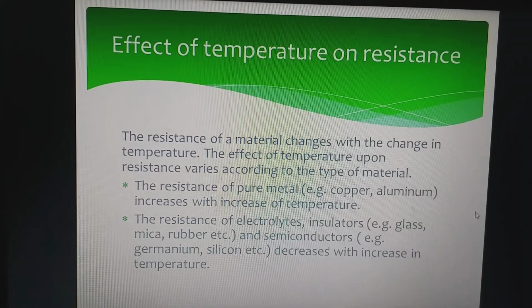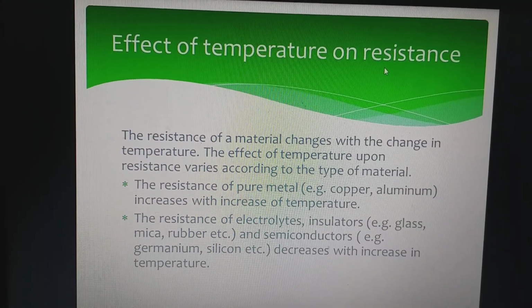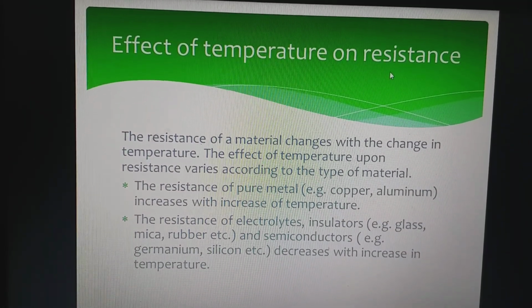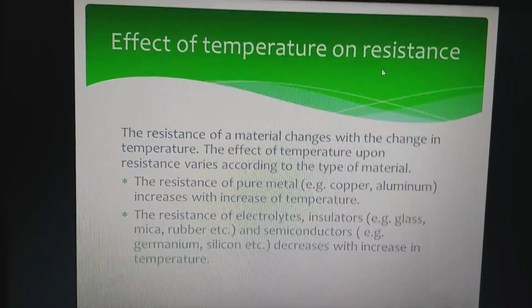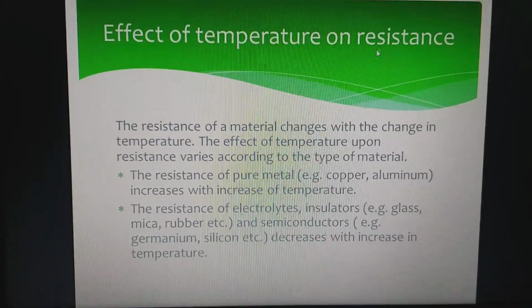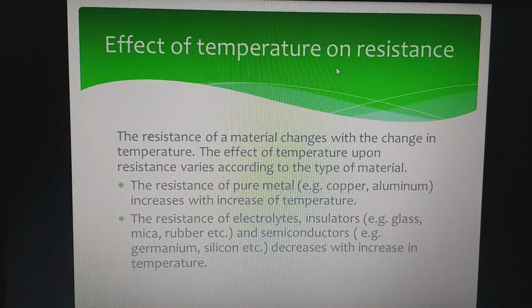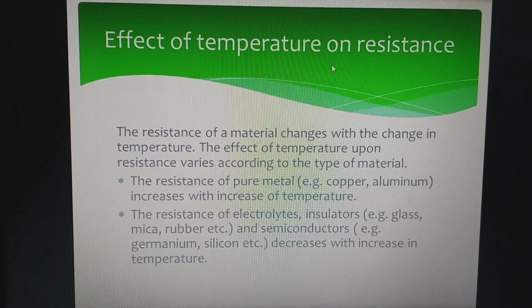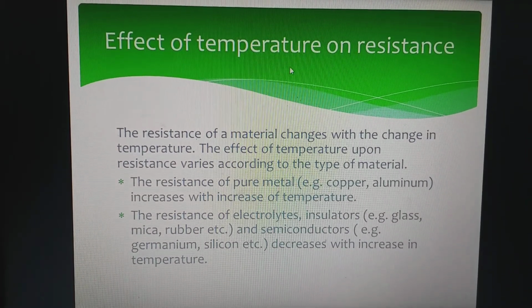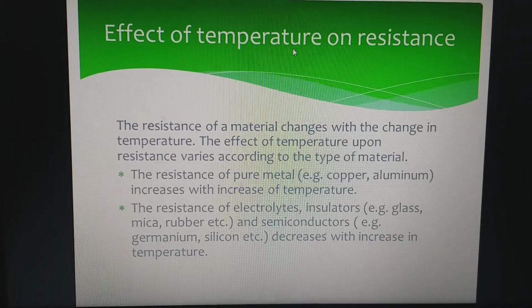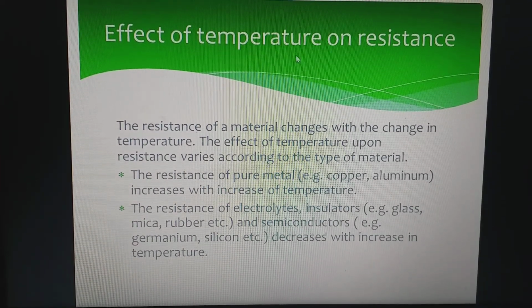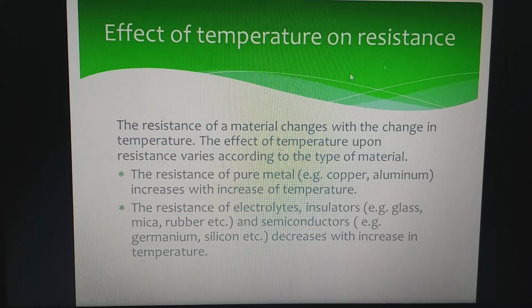Effect of temperature on resistance. When we stated Ohm's law, I told you about the physical condition of the system, that was temperature. I is proportional to V, keeping temperature constant, because when there is a change in temperature, there is a change in resistance.